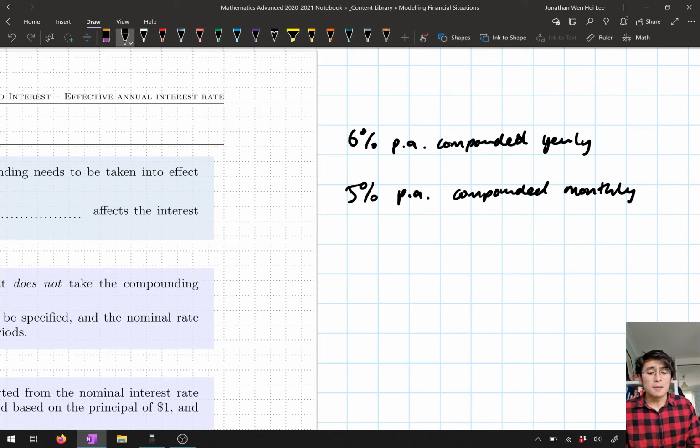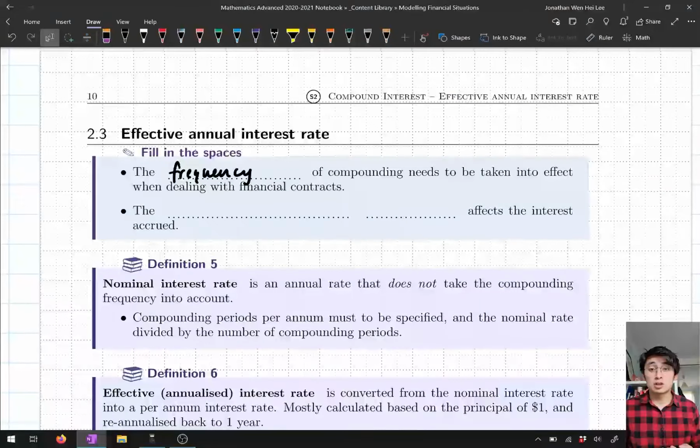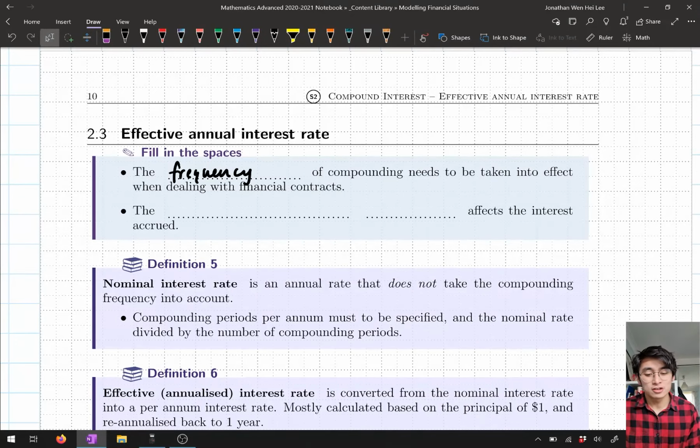And so here, even though the 6% per annum looks bigger than the 5% per annum, if you have a look at the periods, this first one is compounded yearly versus this one being compounded monthly. And so what we want to be able to do is compare and figure out, hang on, which one is the better investment to actually make? Is the one that compounds more frequently, or is it the one with a higher interest rate? And so what we want to do is be able to do that. And this is where the effective annual interest rate comes in.